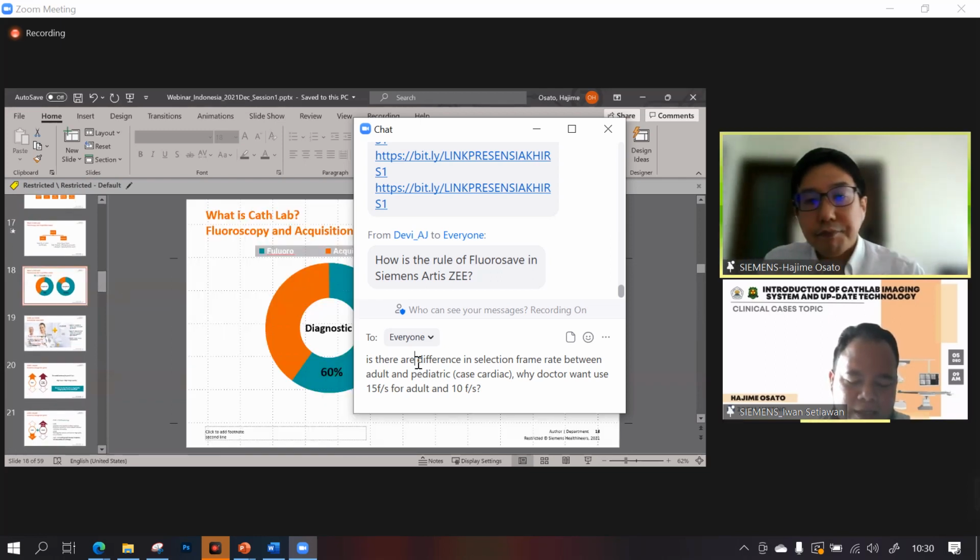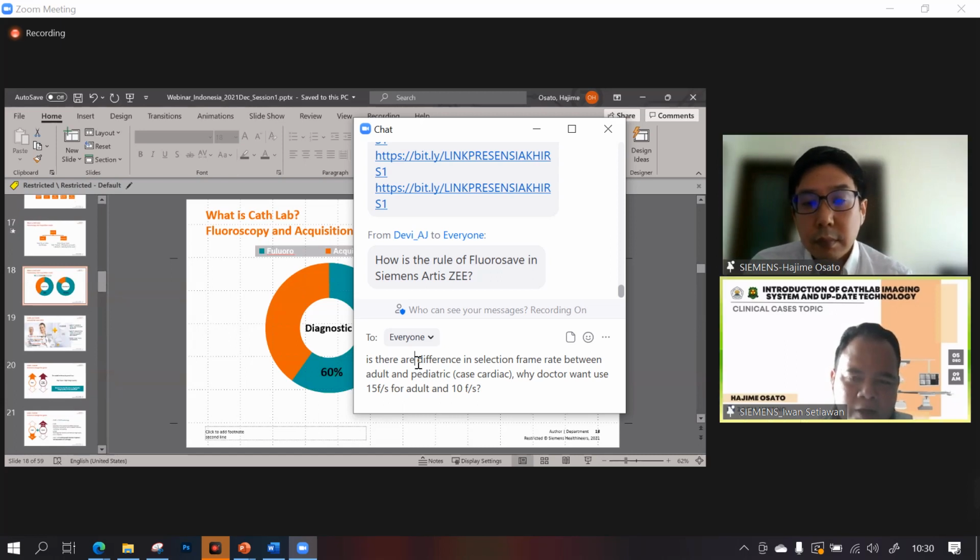The question is, if we do the diagnostic procedure, why is the acquisition bigger compared with the treatment? Because in the student's opinion, for diagnostic, acquisition should be smaller compared with the treatment.